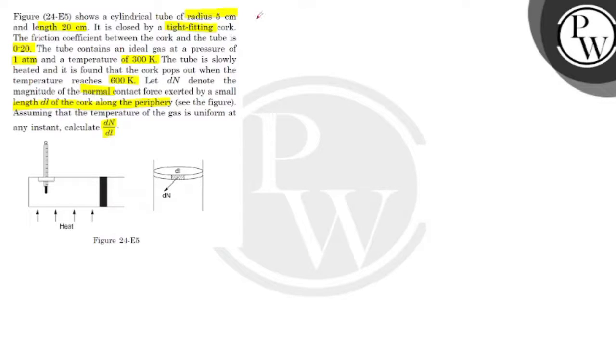Solution. First thing is frictional force, which is mu into N. Next, let the cork move a distance of dl. This is the distance moved by the cork.